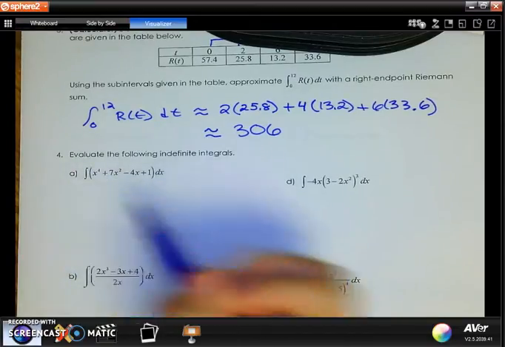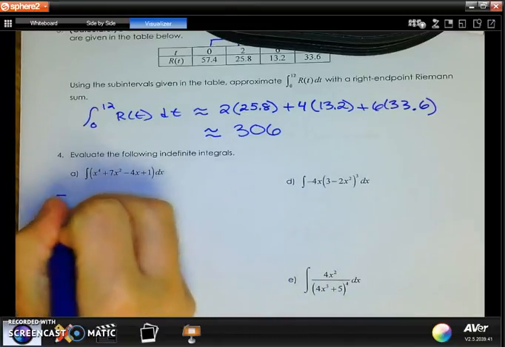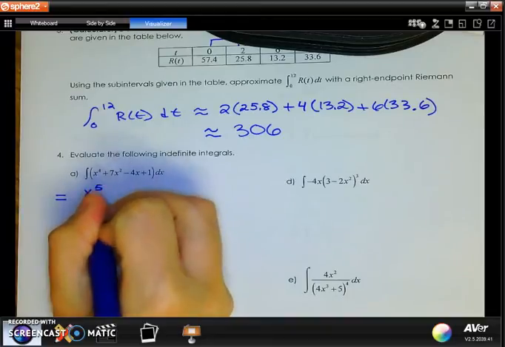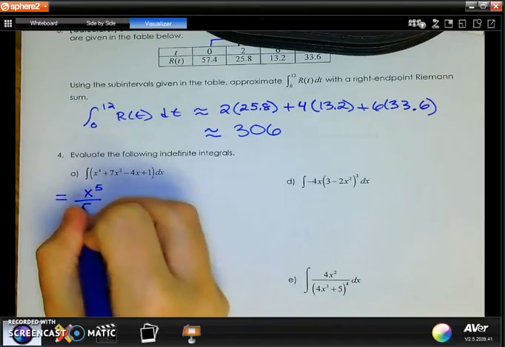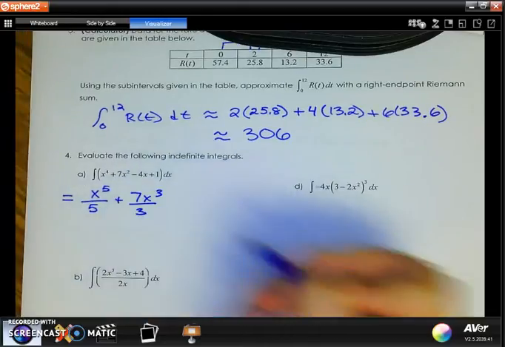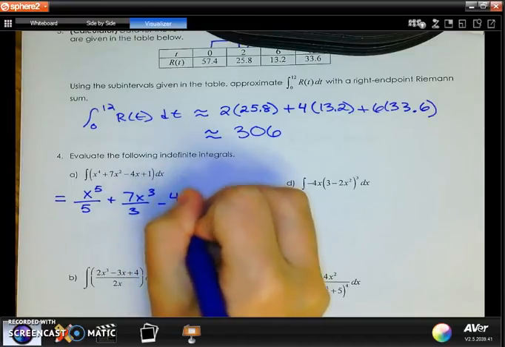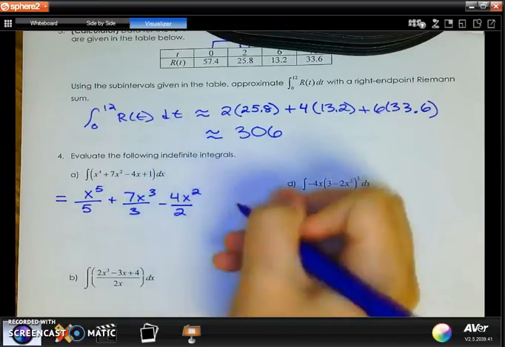These here are indefinite integrals, which means I will need the plus c at the end, so don't forget that. So for this one, you're going to add 1 to the exponent, divide by that number, add 1 to the exponent, divide by that number, okay, and then add 1 to the exponent, divide by that number.